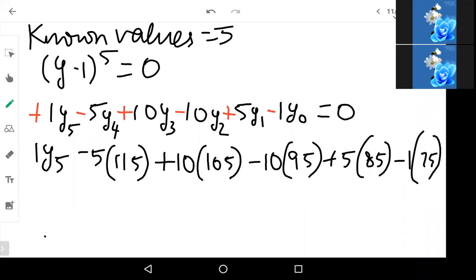There's no space, I'll just write it here, is equal to 0. Are you all able to follow? Yes.